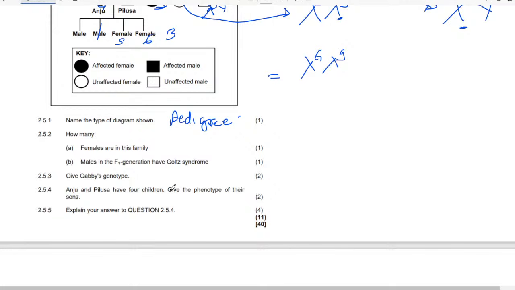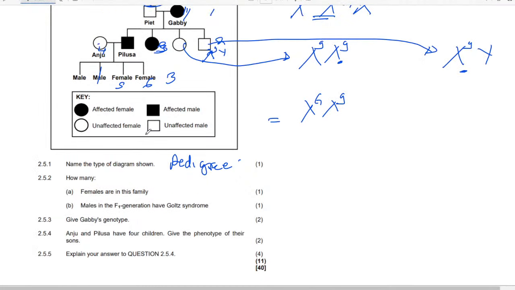They want to know the phenotype of their sons, because they're saying sons. Okay, the sons.